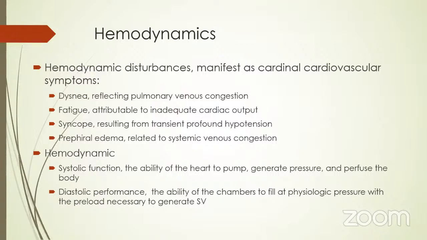Hemodynamic function can be divided into systolic function and diastolic performance. The systolic function is the ability of the heart to pump, generate pressure, and perfuse the body. Diastolic performance is the ability of the chambers to fill at physiological pressure with the preload necessary to generate stroke volume.